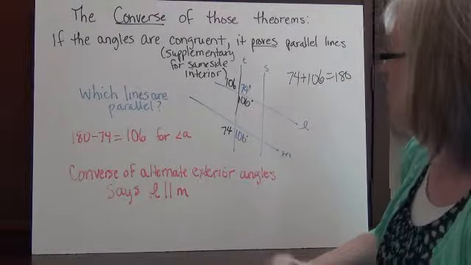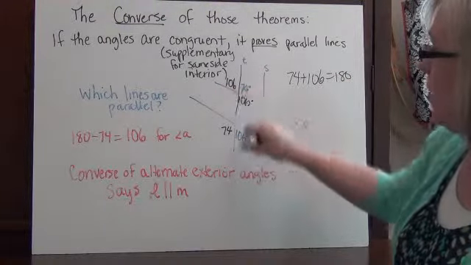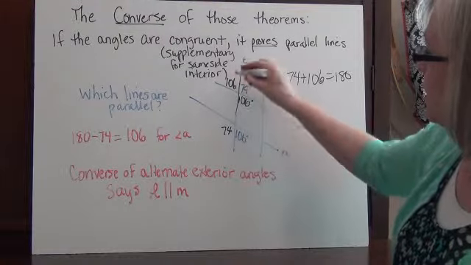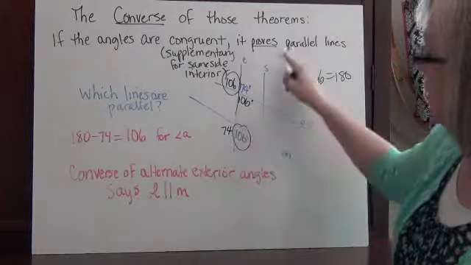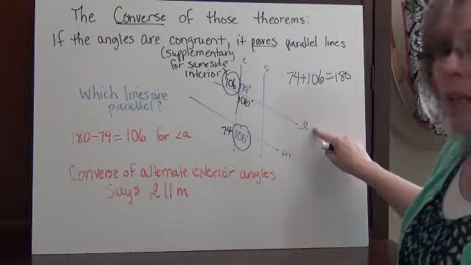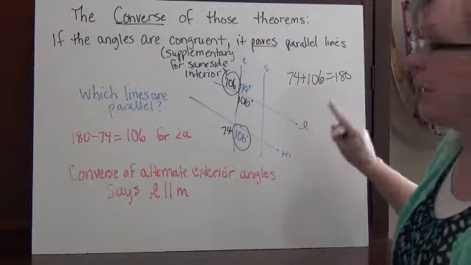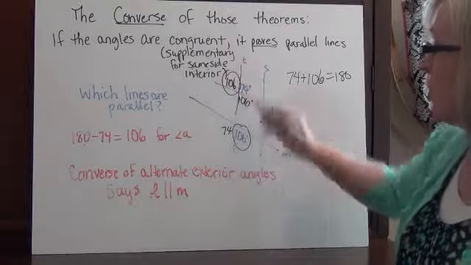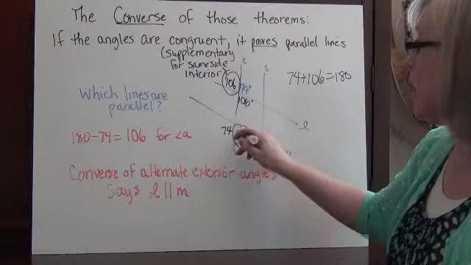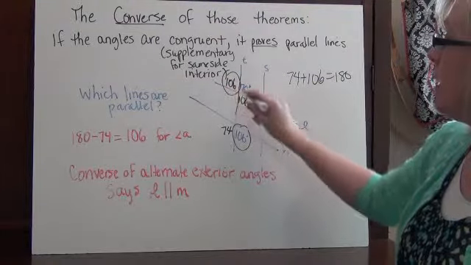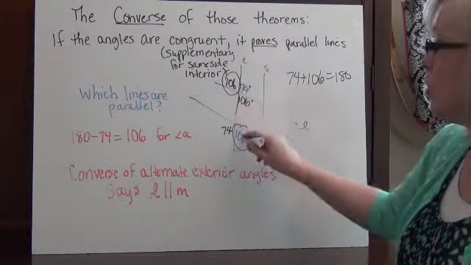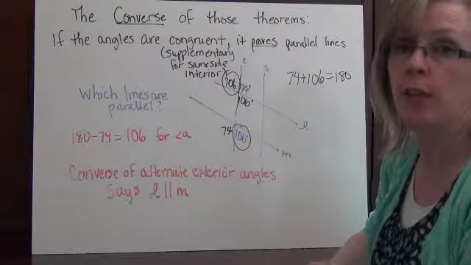So I'm looking now, and I'm saying, well, I could say that if I use this and this, I could say that lines M and L are parallel because of the alternate exterior angles theorem. Because I just chose a spot, I subtracted from my linear pair to get this number, and decided that this is congruent to this, and it's an alternate exterior angle.